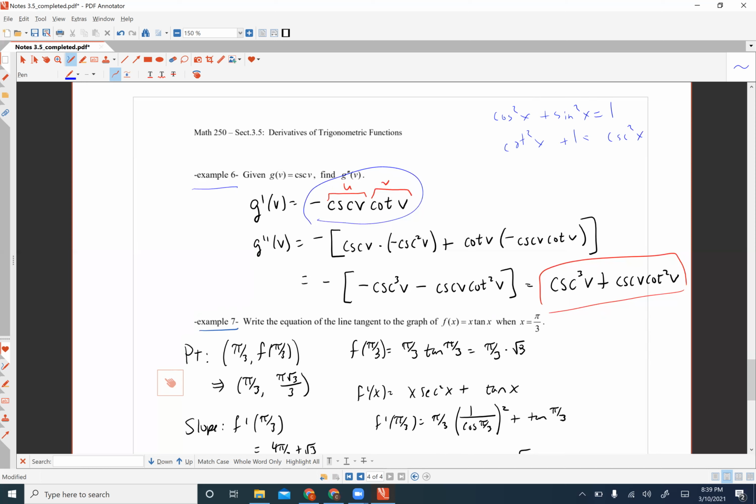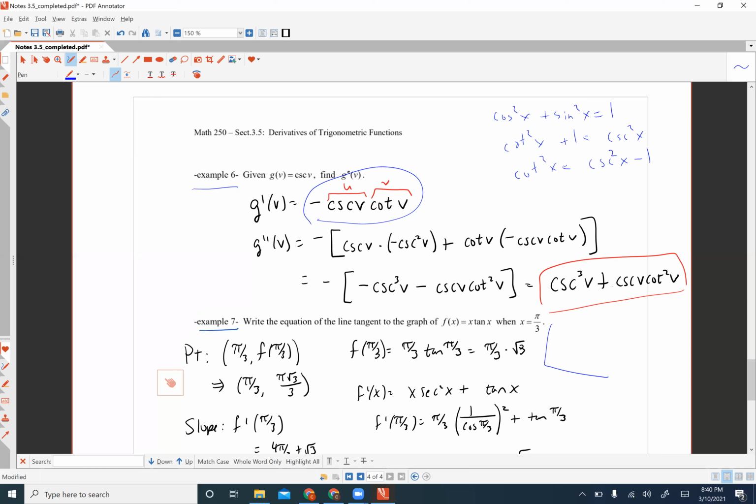Or we get cotangent squared of x is equal to cosecant squared of x minus 1. That's a square, I know I'm writing on the screen vertically, which makes it hard, but it's a square there. So now let's just substitute that into here.